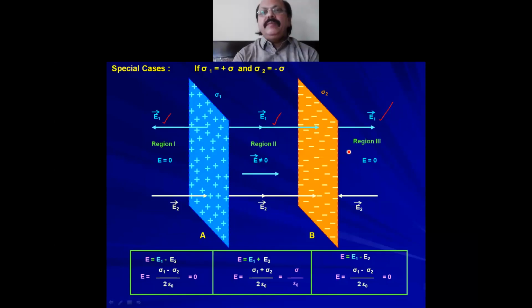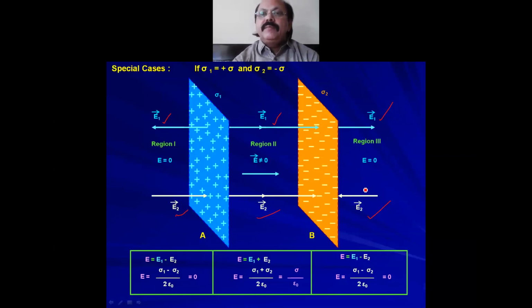But due to the negative charge, electric field is radially inward, which is represented by E2. So you see, in region 1, E1 and E2 are in opposite direction. In region 2, both are in the same direction. In region 3, they are in opposite direction.